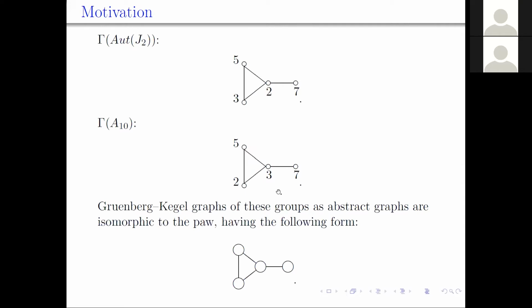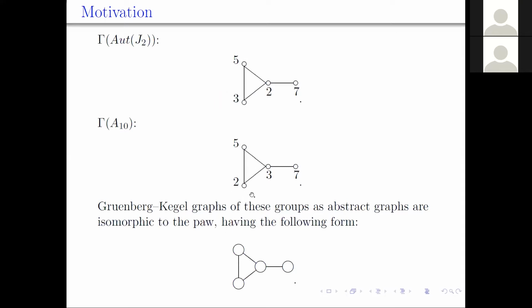respectively. The Gruenberg-Kegel graphs of these groups differ only in the positions that vertices 2 and 3 occupy in them. In the Gruenberg-Kegel graph of Aut(J2), vertex 2 has degree 3 and vertex 3 has degree 2.